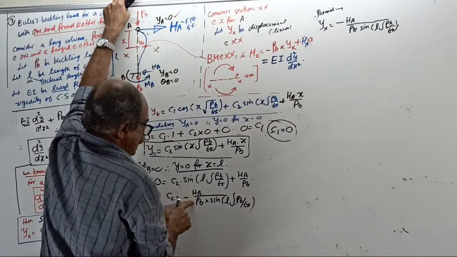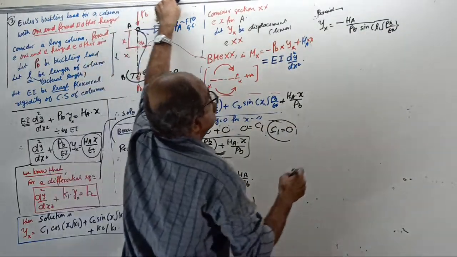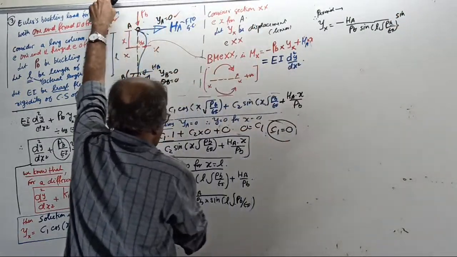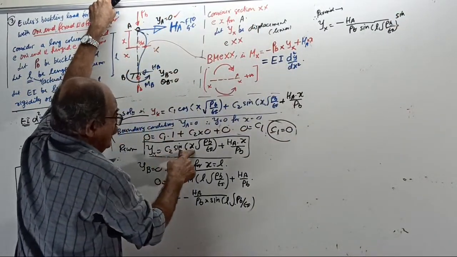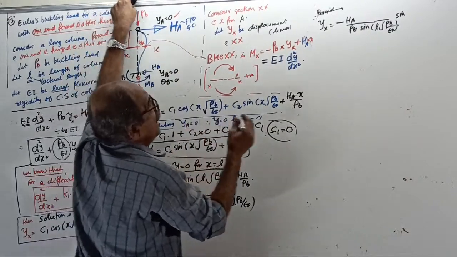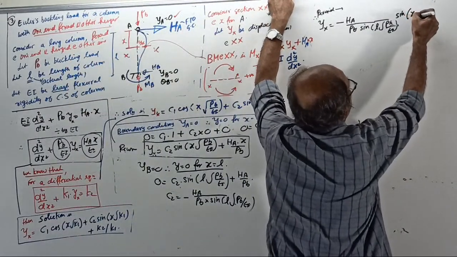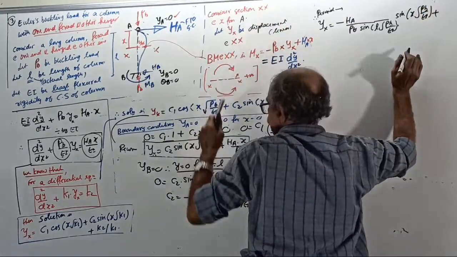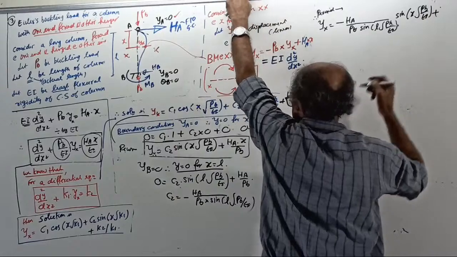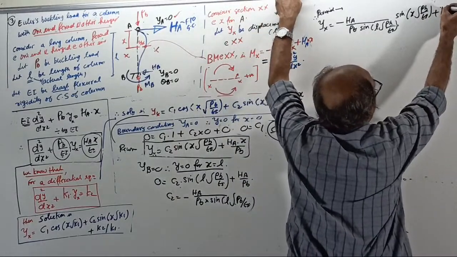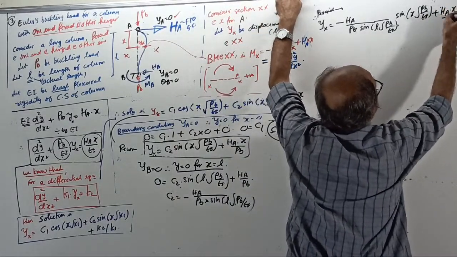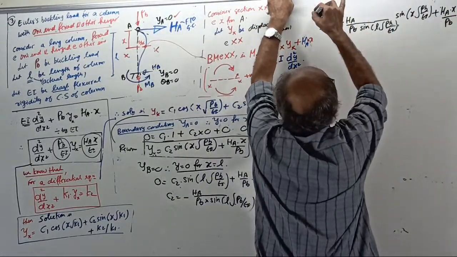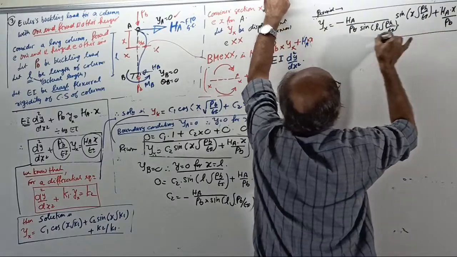Then C2 into sine of, be careful, here x is x only, sine of x root PB by EI plus HA into x divided by PB. Now this is the revised equation for Yx.